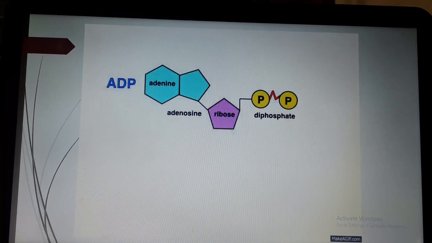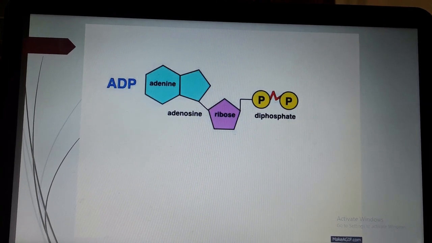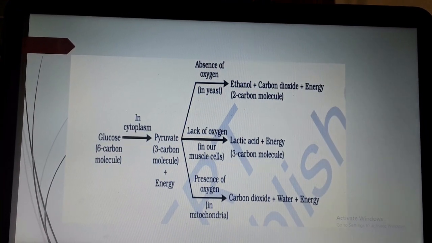The purple color, that's the ribose pentose sugar, and then the phosphate, this is ADP. So that's the main components of the respiratory pathways. In your book you will get this one, it's the most important. Now hopefully each and every word of this chart is clear from your NCERT book.